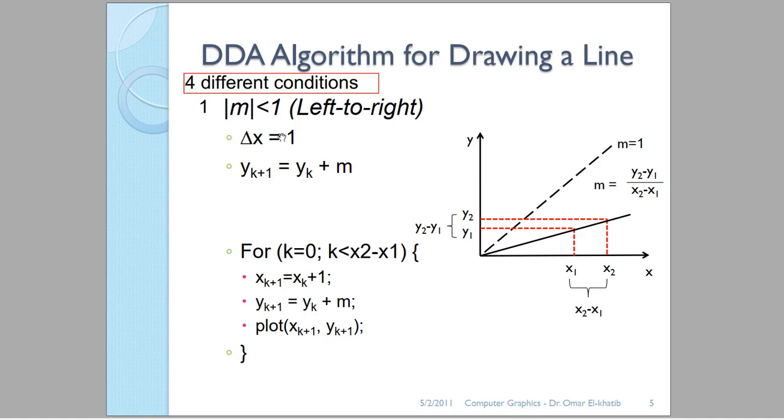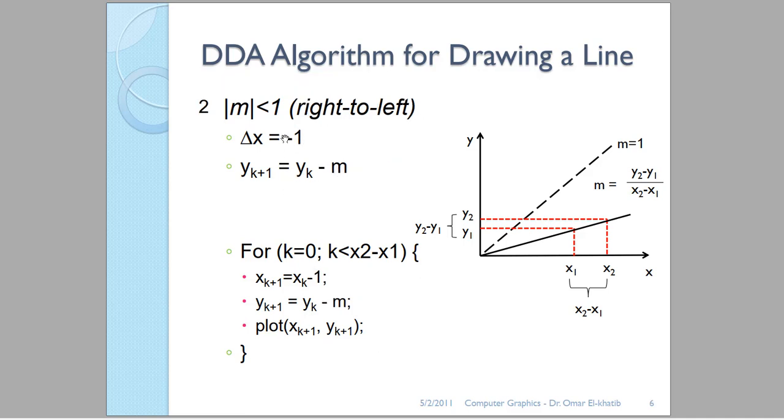Delta x will be minus 1. Every time x will be decreasing by 1, and yk will be decreased by m. So that is the second condition: delta x is equal to minus 1 and yk is decreased by m. The remaining loop remains the same, and we will plot it. So it is a very small change. We just replace the positive by the negative when moving from right to left. That is the second condition.